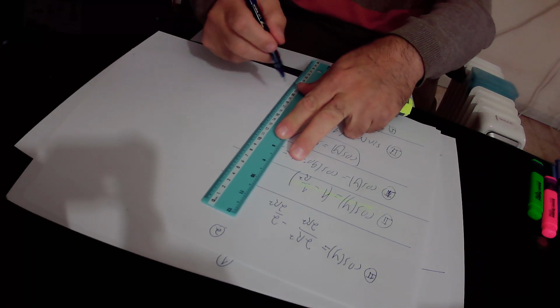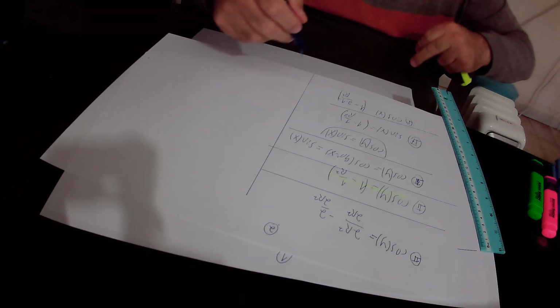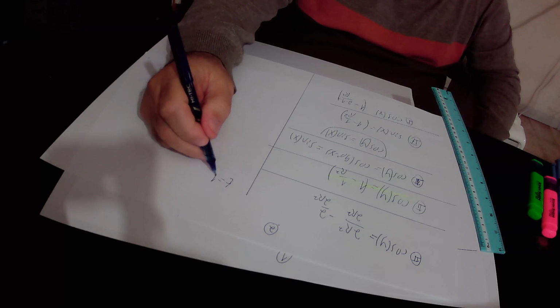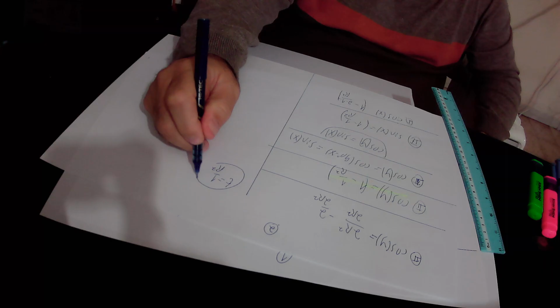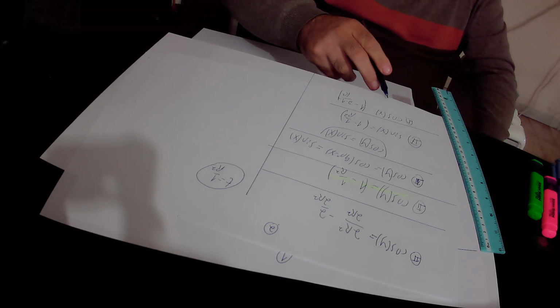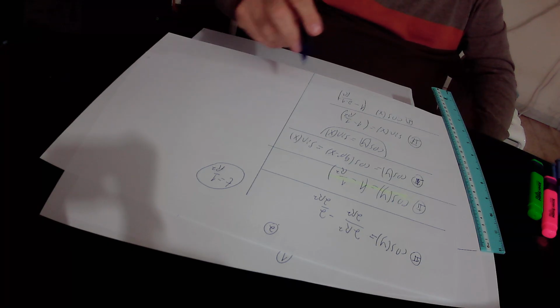The next step, we define 1 over r square as t, equals 1 over r square, and we substitute 1 over r square in those two equations, equation number 1 and equation number 2, by t.